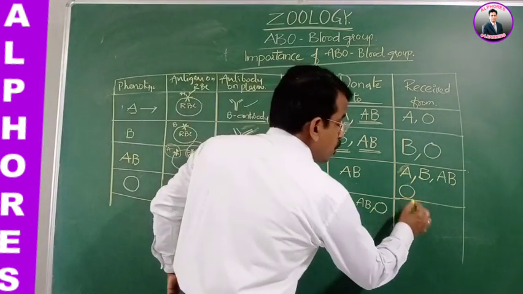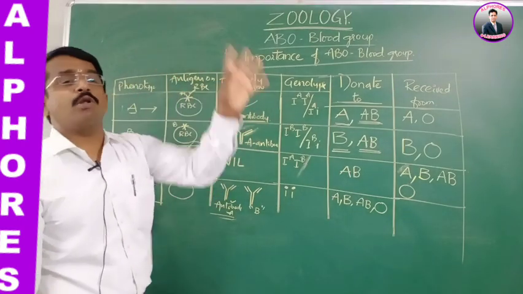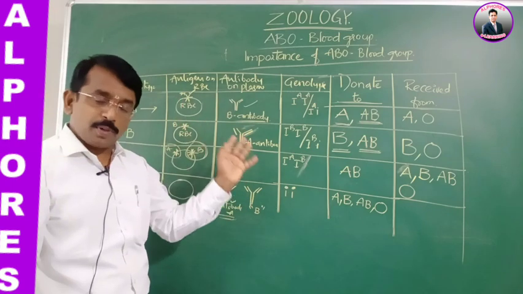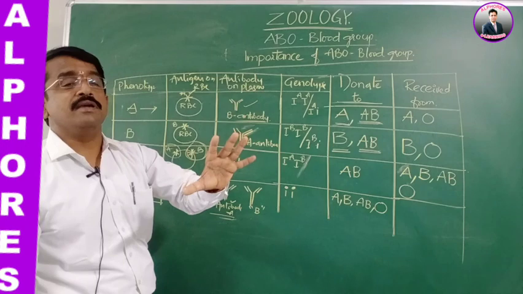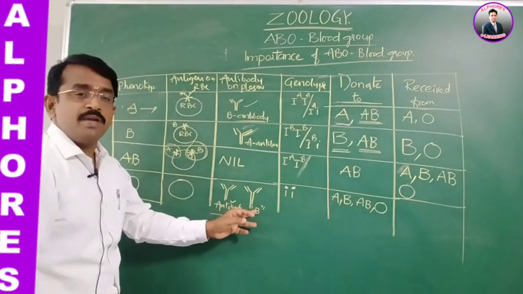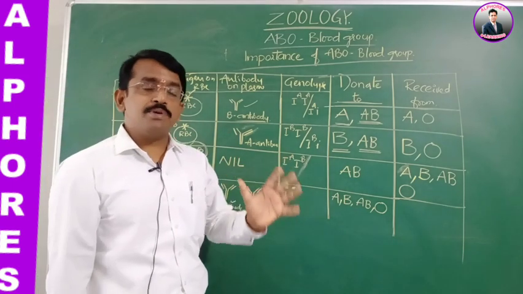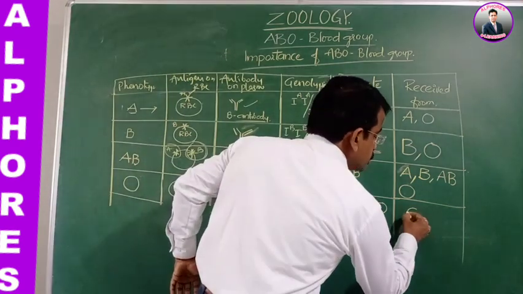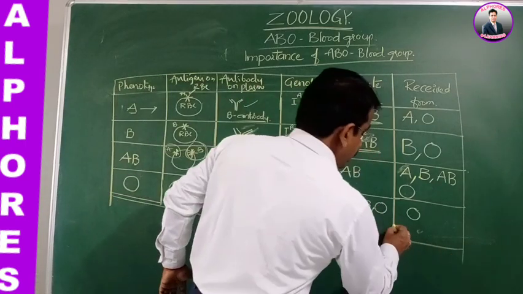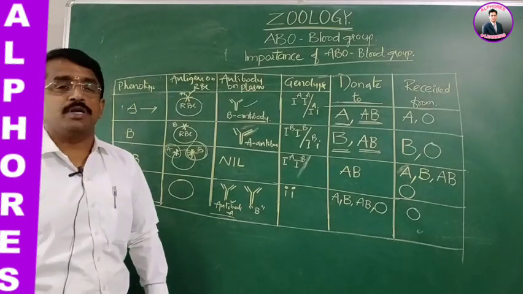So it should not receive from A, B and AB, as all of them are with either A antigen or B antigen, as well as both A and B, against which it produces antibody A alone, antibody B and both. So that's the reason why it should not receive from A, B and AB, and it can receive from only O.